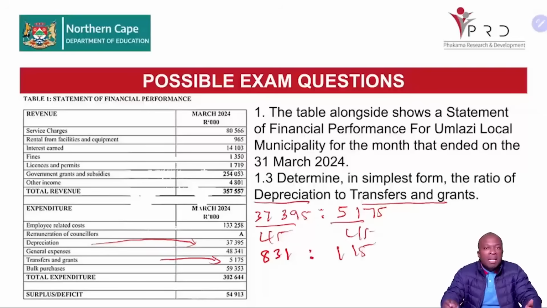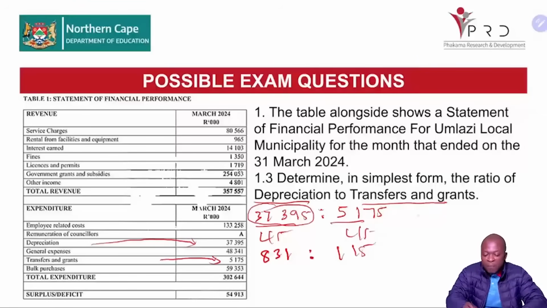Okay, but let's say you didn't know you were supposed to divide by 45. It's fine. What you can do, can you see here is 37,395 and there is 5,175. So you can actually divide both sides by the smaller value. So you could actually say 37395 divided by 5175. Then you have your 5175. You divide it by 5175.